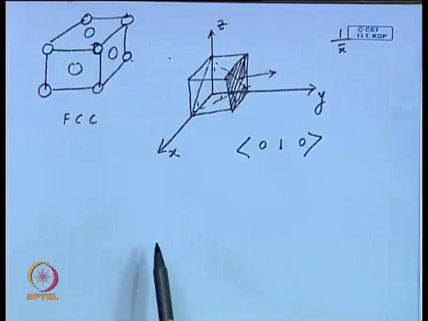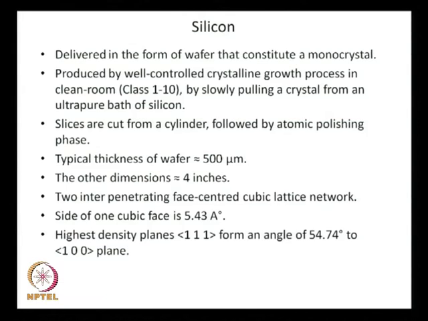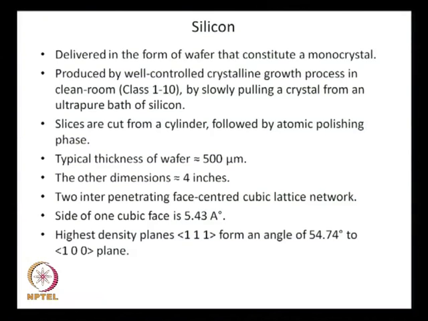So, what you have in silicon is that highest density planes are 1 1 1. So, when you have this face centered cubic lattice interpenetrating network of face centered cubic lattice, and when there are these two interpenetrating cubes separated by this 1/4 unit distance away in each axis, in that case you have highest density plane as 1 1 1.